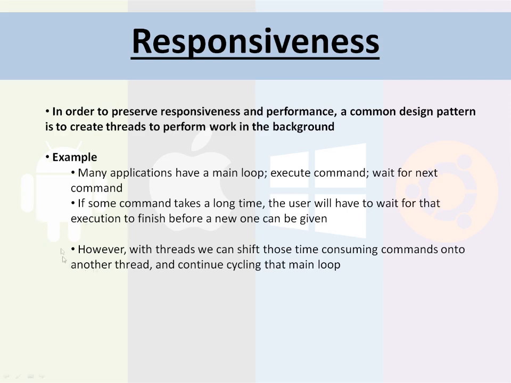So I can perform one calculation and then move on, and still, in terms of Google Maps, I could say determine the distance between these two or the shortest path between these two, and I could still then be moving around the map and looking at things if I wanted to, because hypothetically that time-consuming process has been shifted onto another thread, so I can still continue. So that's responsiveness.